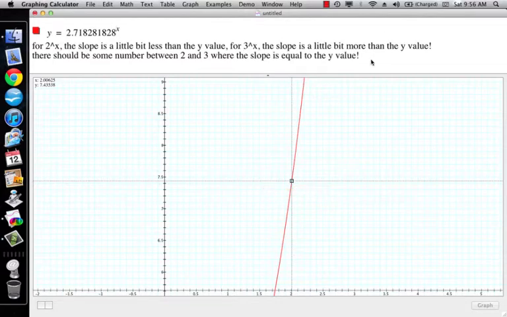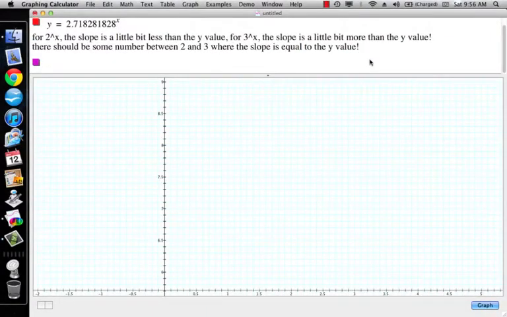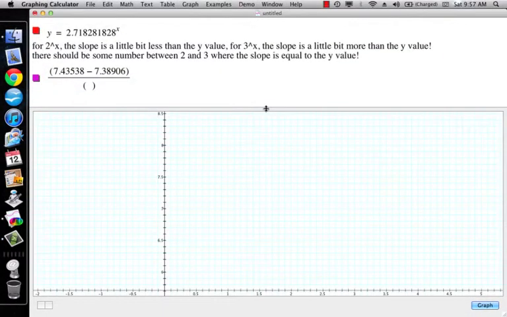And so then, if I do 7.43538 minus 7.38906, then I divide that by 2.00625 minus 2, I get 7.4112.